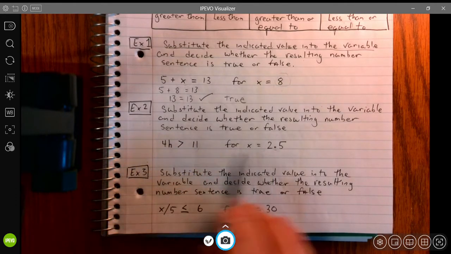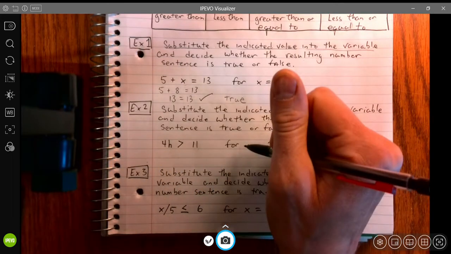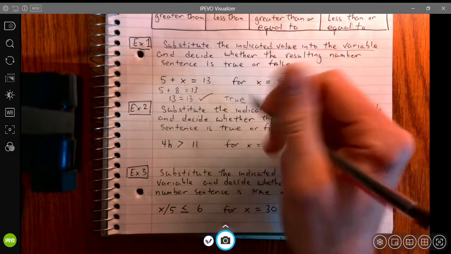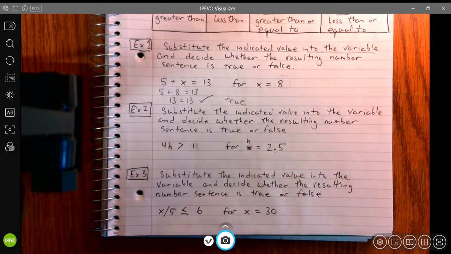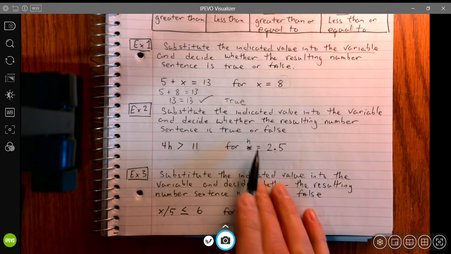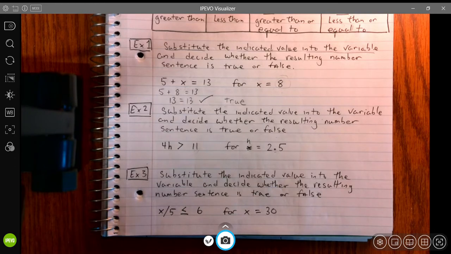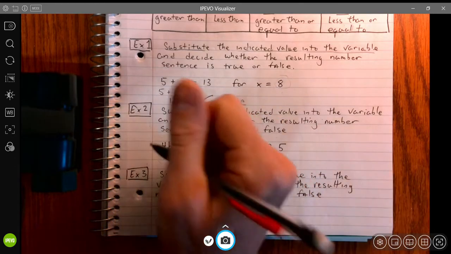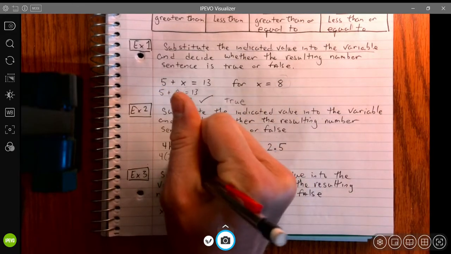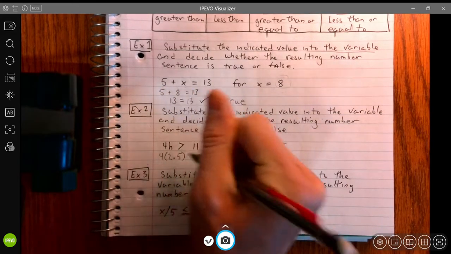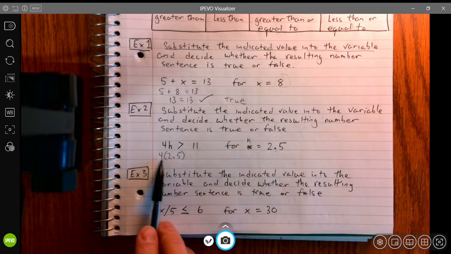So if it's 4 times h, uh-oh, I made a mistake. This should be h. That shouldn't be x. So h equals 2.5, and I'm going to substitute that in. Remember, the parentheses show multiplication.